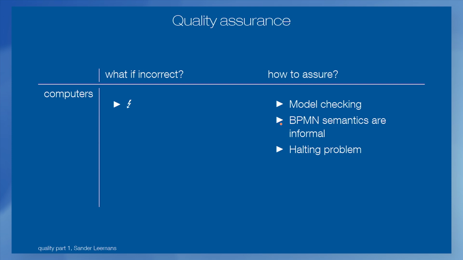So that means that it comes with all the kind of nice undecidability problems, such as the halting problem. That means, in practice, that if you have a BPMN model fully specified with data, there is, in some cases, no way to compute automatically if you can reach the end state.